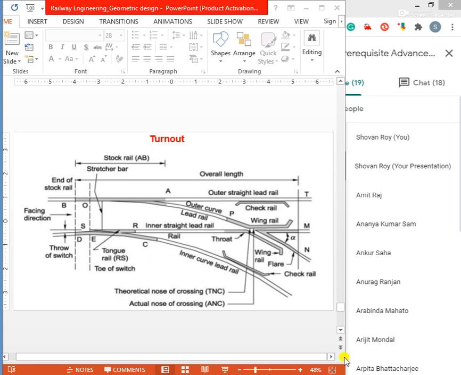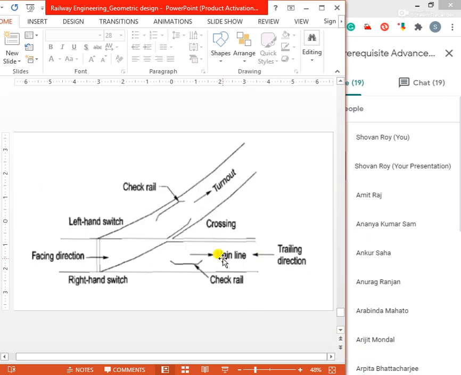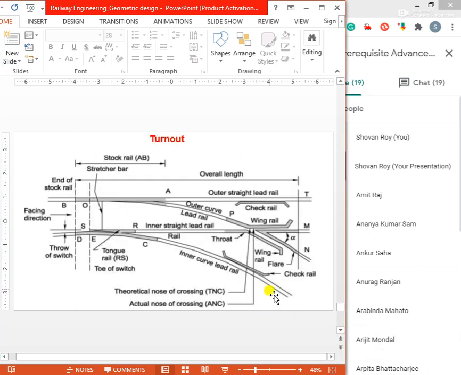Another figure shows the left hand turnout, and this is the right hand turnout. This gives the details and constitution of the turnout.